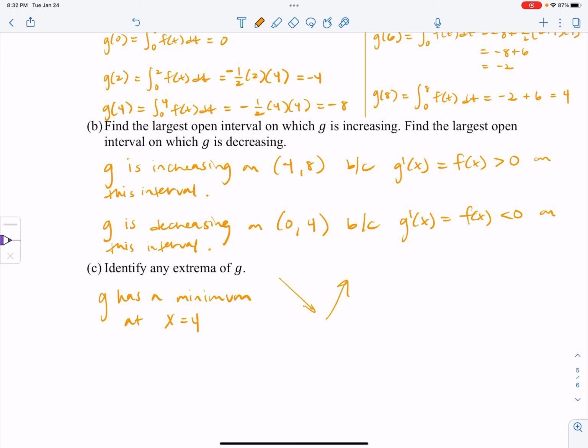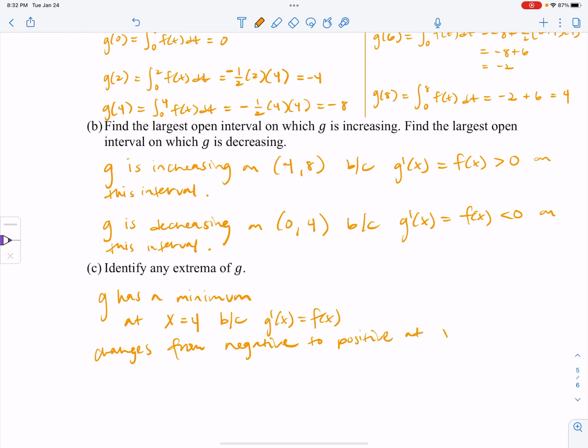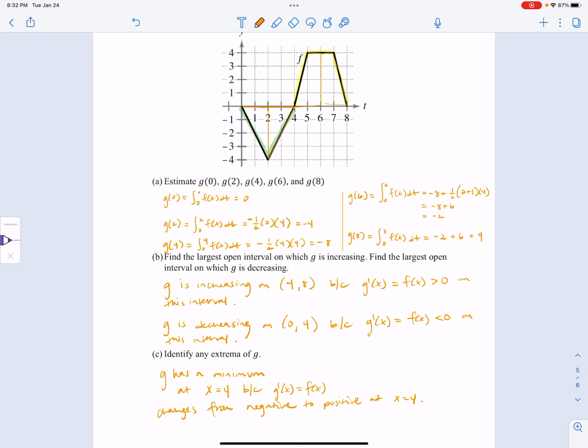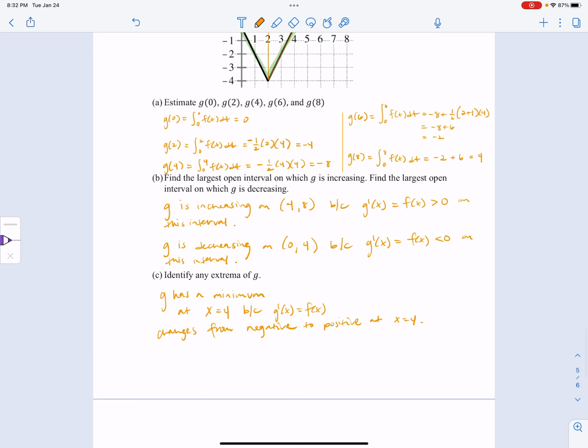You could say because g prime, right, which is f of x, changes from negative to positive at x equals 4.